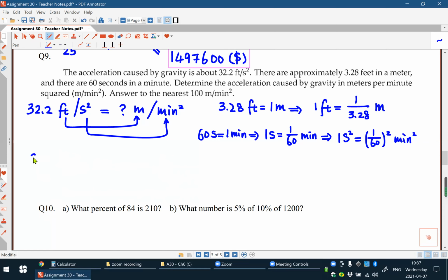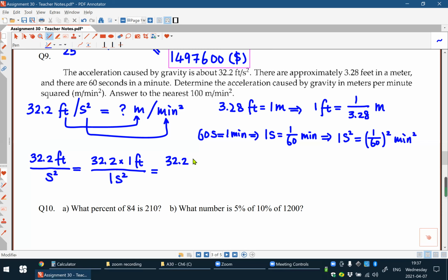Okay, so 32.2 feet per second squared is actually 32.2 times 1 foot over 1 second squared, right? Now we need to convert the feet to meters.